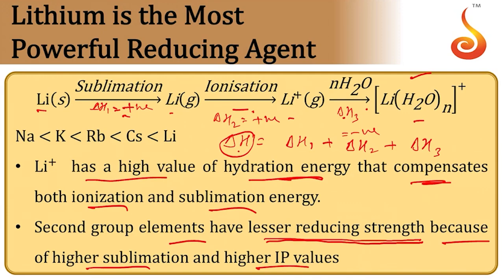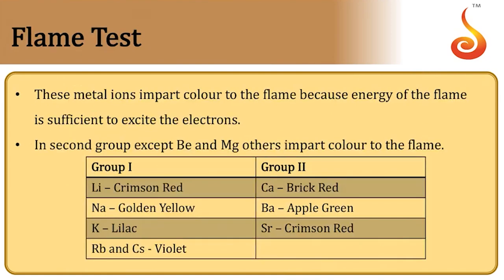Because they have a smaller size and stable configuration, they have stronger metallic bonding, hence higher sublimation, and because of stable configuration they have higher IP values. Because of these two higher positive values, they have a less negative delta H. That leads to lesser reducing strength. So second group elements have lesser reducing strength because of higher sublimation and higher IP values.